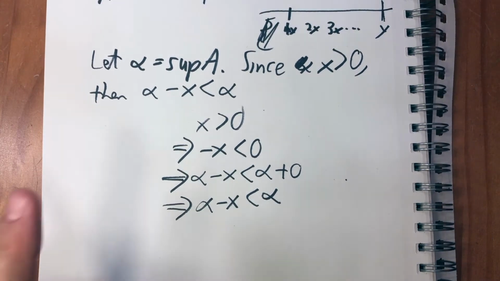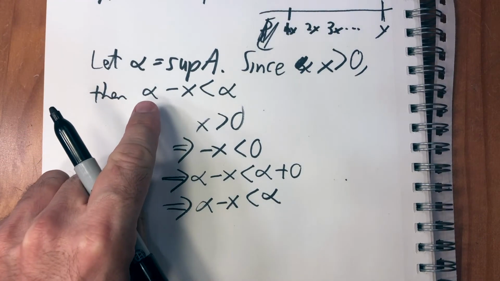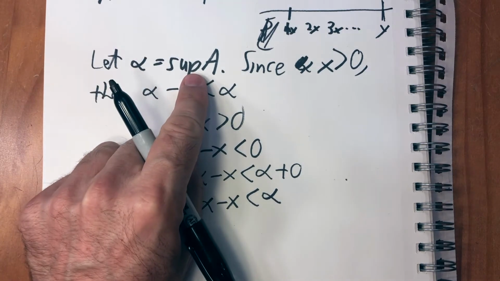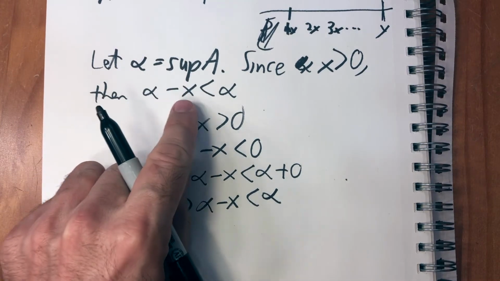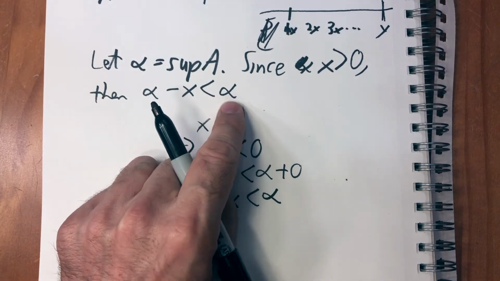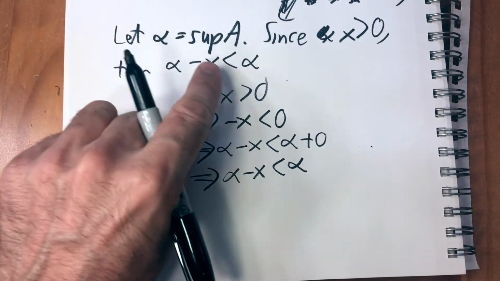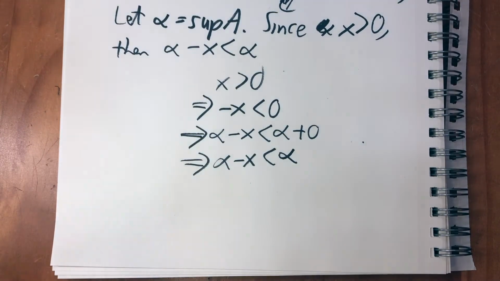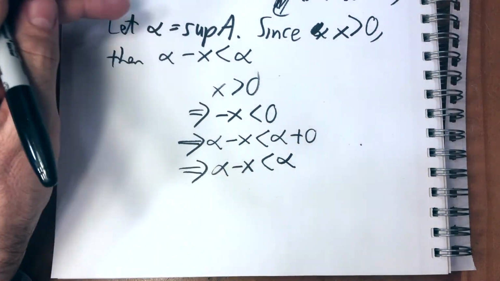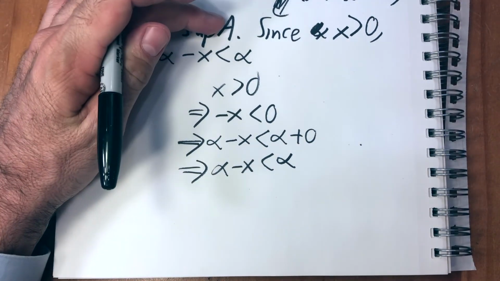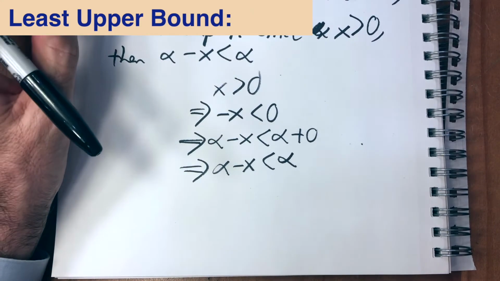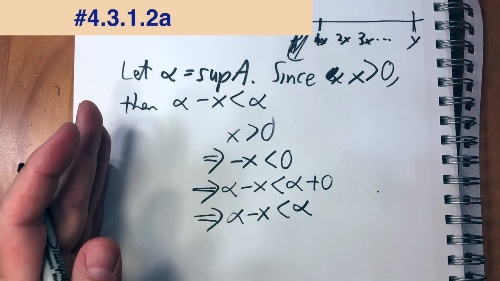Okay, so getting back to this, we have that alpha is the supremum of A, and that alpha minus x is less than alpha. Now, what does that mean? That has to mean that alpha minus x is not an upper bound of A, because that's what the supremum means, right? It means it's the least upper bound.